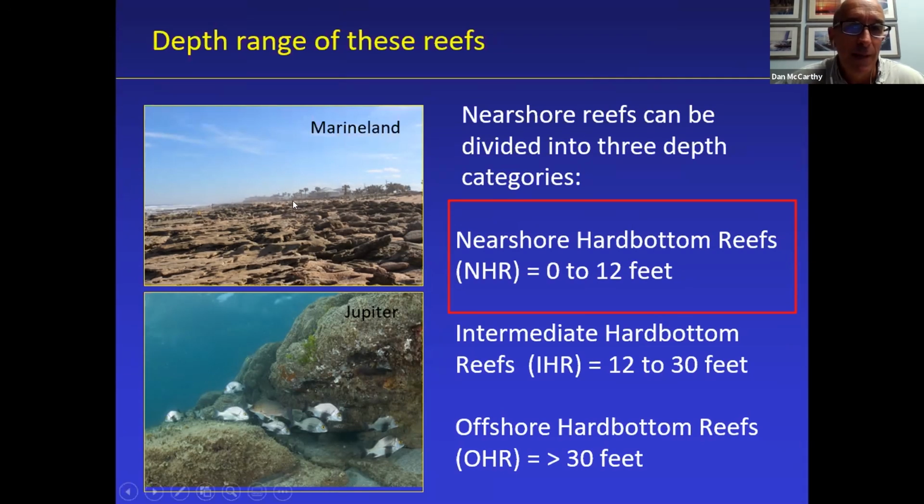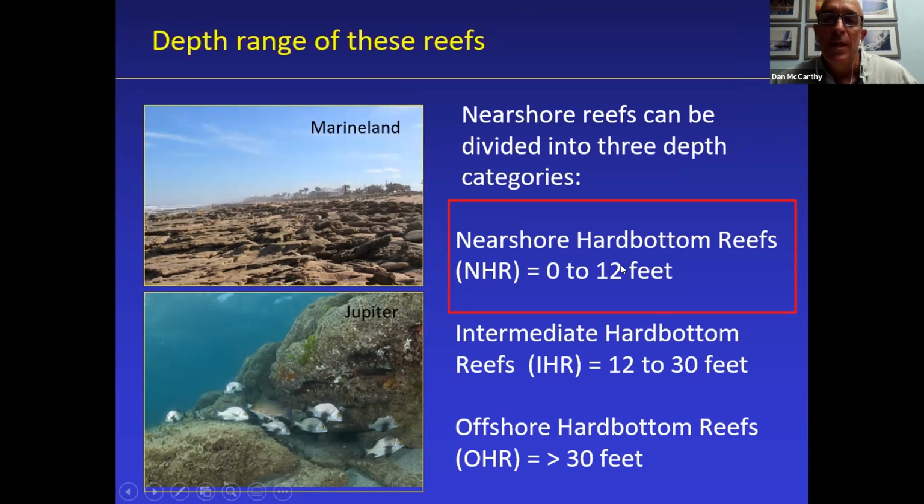So if you see this photograph from Marineland, an intertidal zone is an area that is covered up during high tide, but it's exposed during low tide. In this photograph, you're seeing a rocky zone that during low tide is exposed, and during high tide is all covered up by water, okay? So it includes that, but it also includes shallow hard bottom area up to 12 feet, okay?